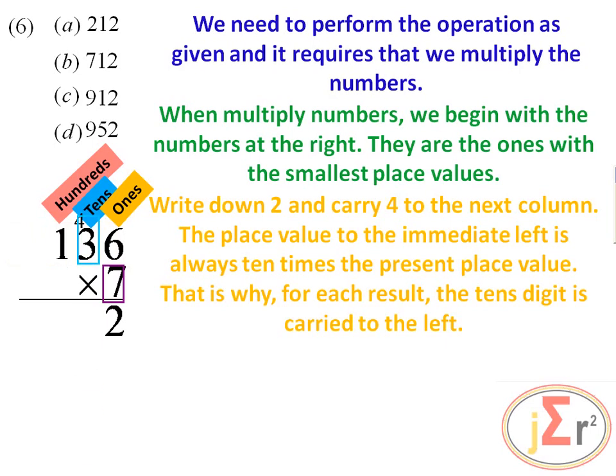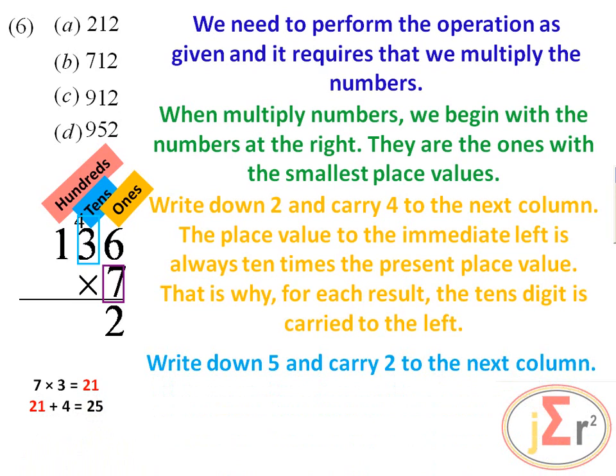What do we say next? 7 3s, 21. Okay. So 7 3s, 21. And we take the 21, and to that 21 we add the 4 that was carried to the tens column. And we end up with 25. So we will also write down 5 and carry 2 to the next column.